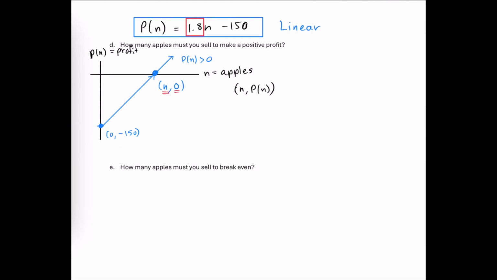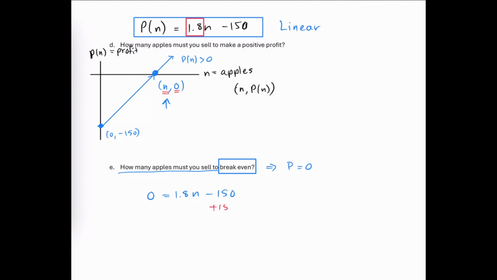Now doing this is also going to give us the break-even point. Finding this value of n is going to be the number of apples that we must sell in order to break even. Breaking even means that we have a profit that's 0. And algebraically what we can do here is plug in 0 for our profit and then solve for n to determine how many apples need to be bought and sold to achieve that profit.